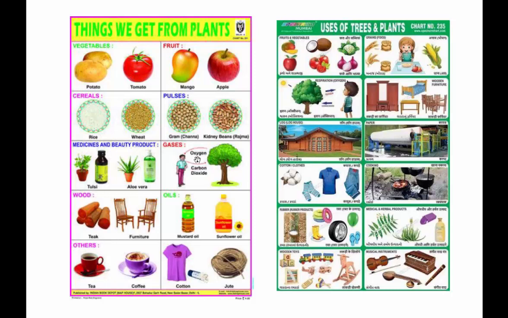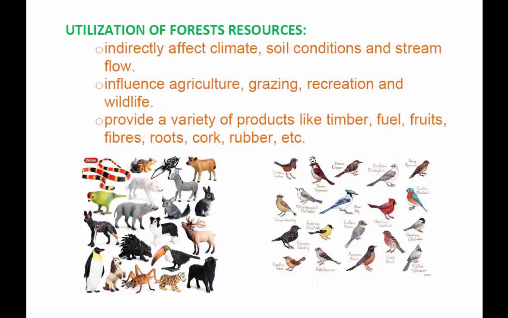It gives us oxygen right here. So the forests are indeed very useful to us and to all the people, and they give different varieties of products, so to say.